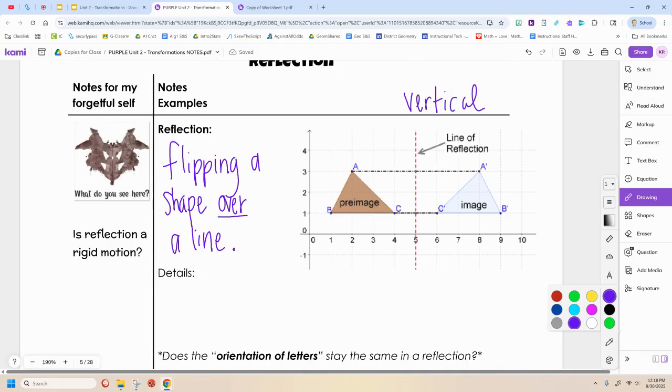But we have to get a specific equation for the line. When we talk about details, the only detail is not distance and direction. The detail is the equation for the line of reflection.